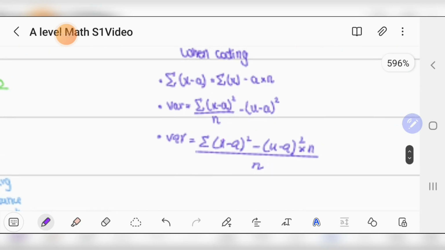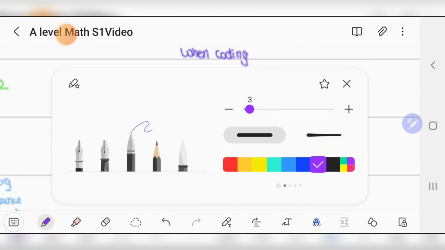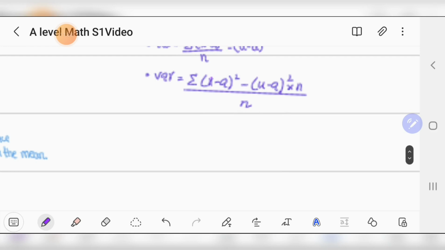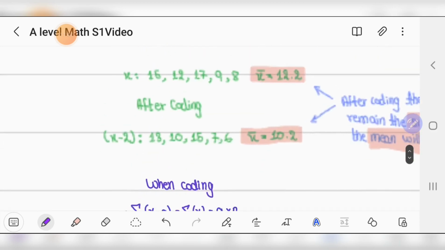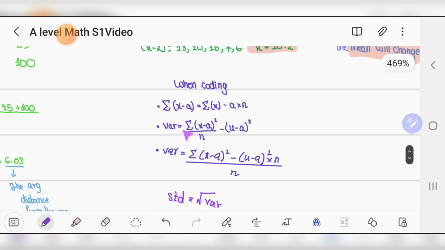Here you go, this is it, and we all know that standard deviation is the square root of var, right? So standard deviation is the square root of var, and this is the formula for coding. We can just use this or use any one of them.